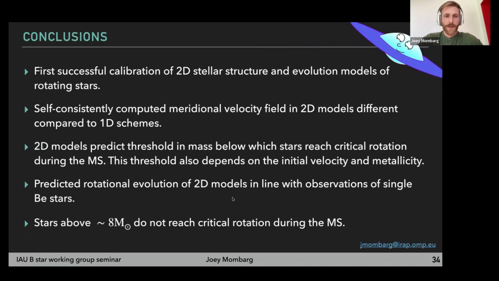So that brings me to my conclusion. We've done a first successful calibration of 2D stellar structure and evolution models of rotating stars. In these models, what we predict from the self-consistent velocity fields for the meridional circulations is that they're quite different from what 1D schemes seem to predict with their assumptions.